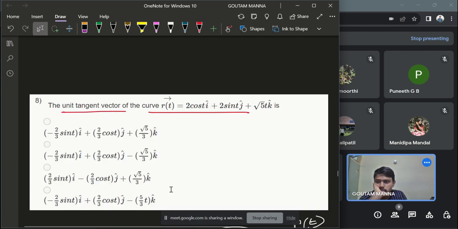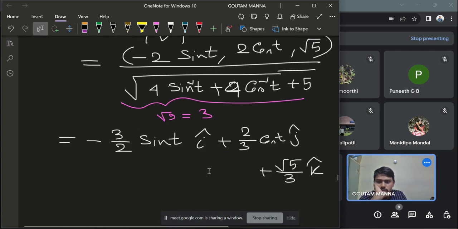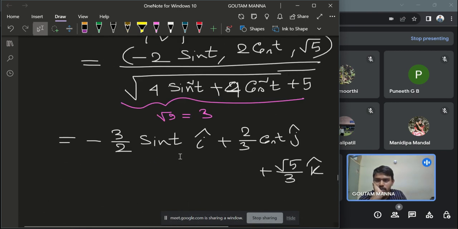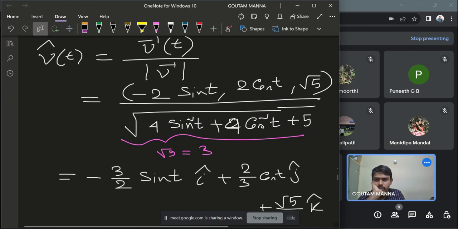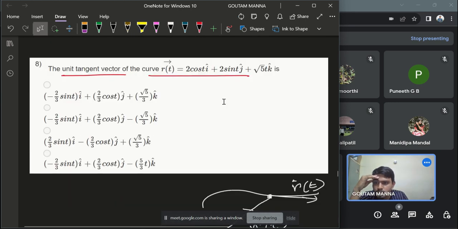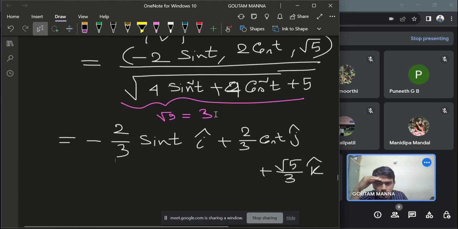So the correct answer will be minus 2 by 3 sine t. So the first option is the correct one. Yes.